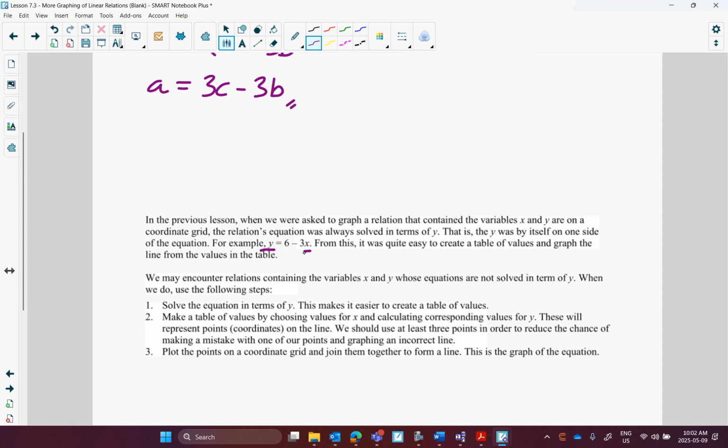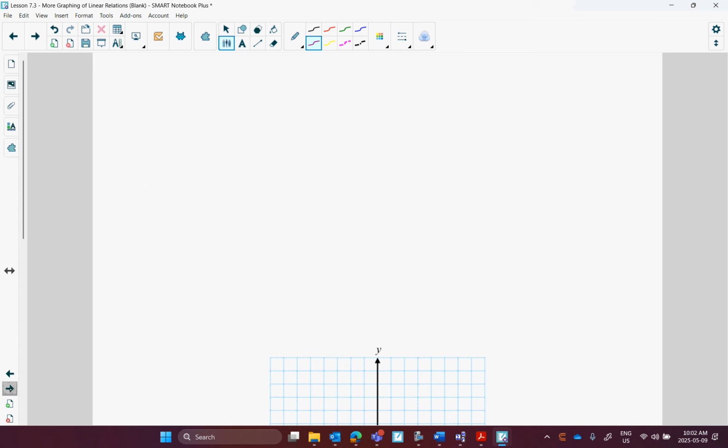Like in that previous lesson, when I showed you that previous exercise 7.2, all those questions, y was by itself on the left. So we got to make sure that happens, because sometimes it doesn't. So we got to change it. Then we make a table of values. We plot the points, draw a line through. So we're just going to do some examples.